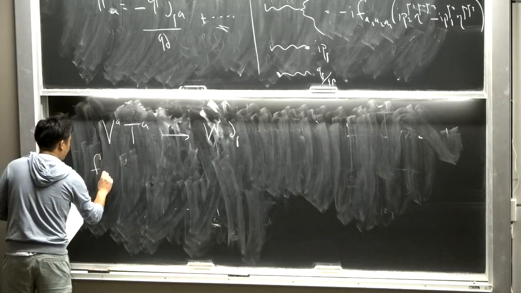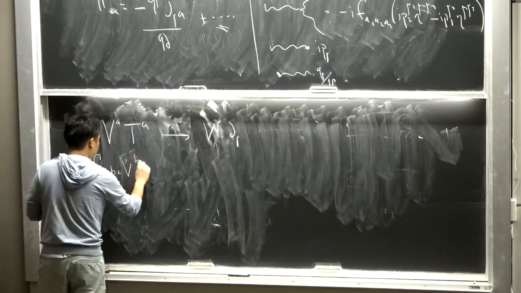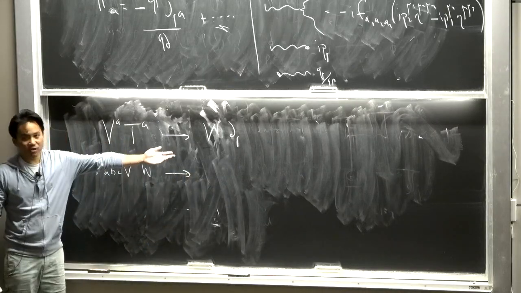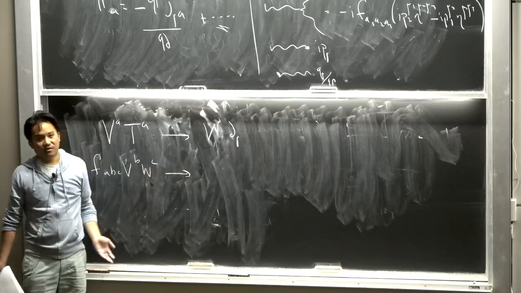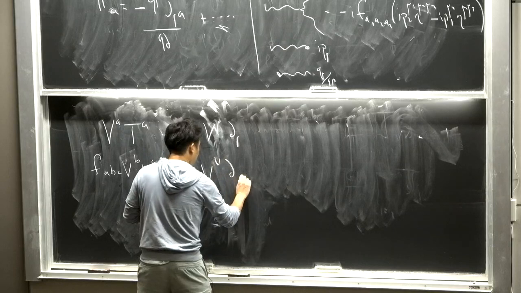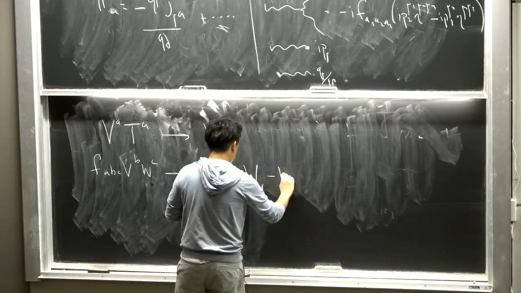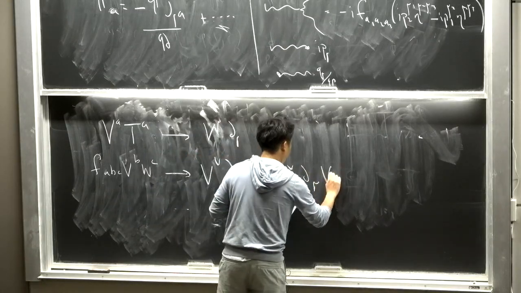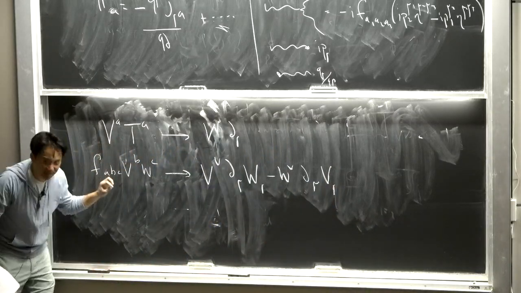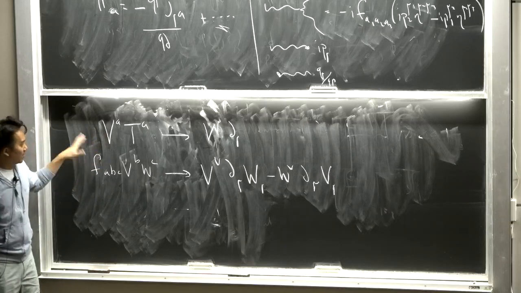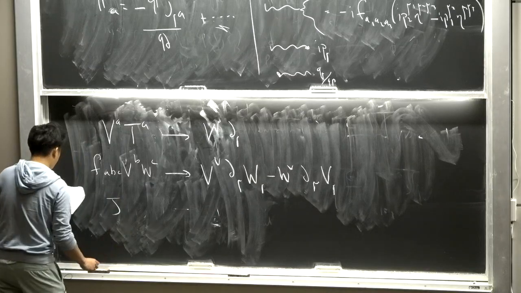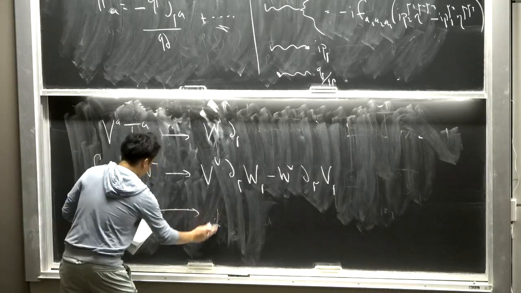Anytime you have f a b c times v b w c, replace it with the corresponding structure constant for the Lie bracket, which we know is v nu d mu w mu minus w nu d mu v mu. I'm being very symbolic here. V could be any object. You could have more indices, other junk in play, but you just do this operation. And maybe it's the last piece: you could take JA, the source, and send it to d mu j.